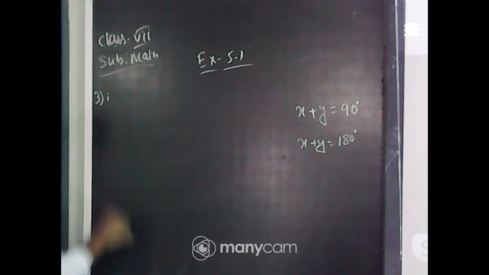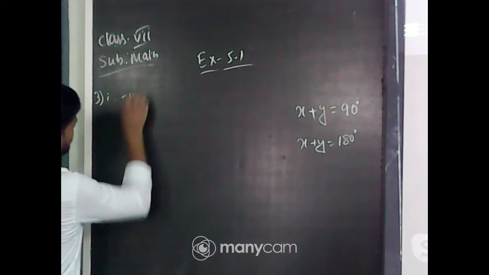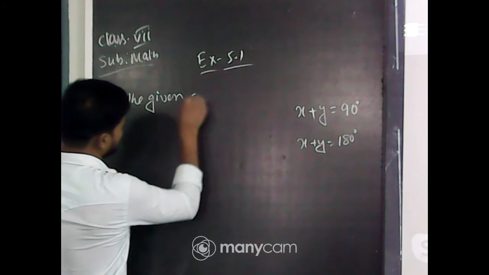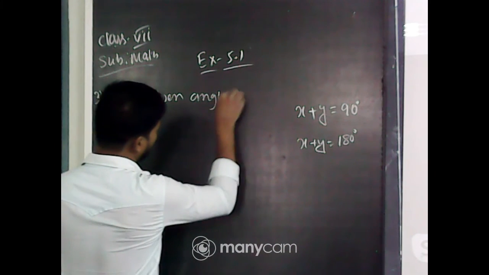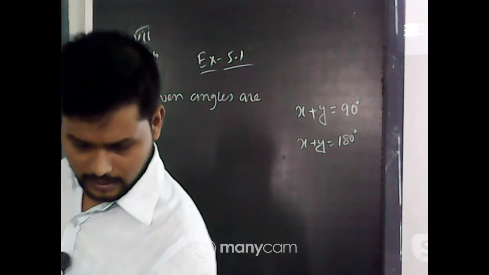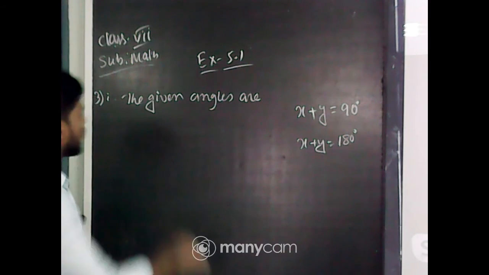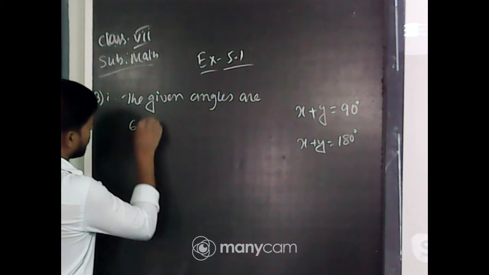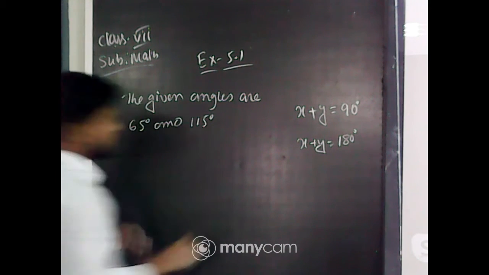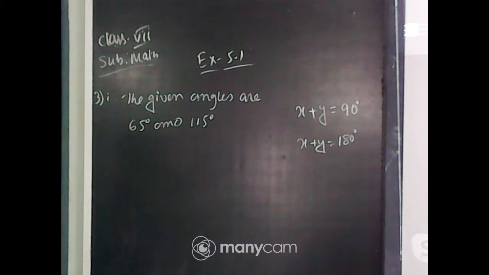First question. The given angles are 65 degrees and 115 degrees. We have to check whether the angles are supplementary angles or complementary angles.